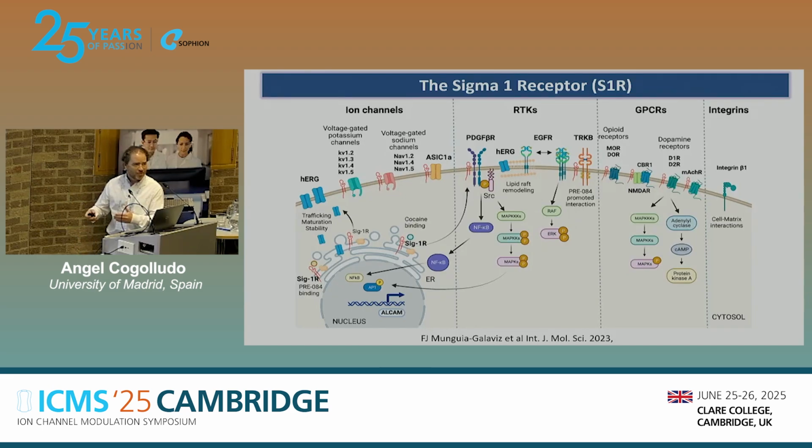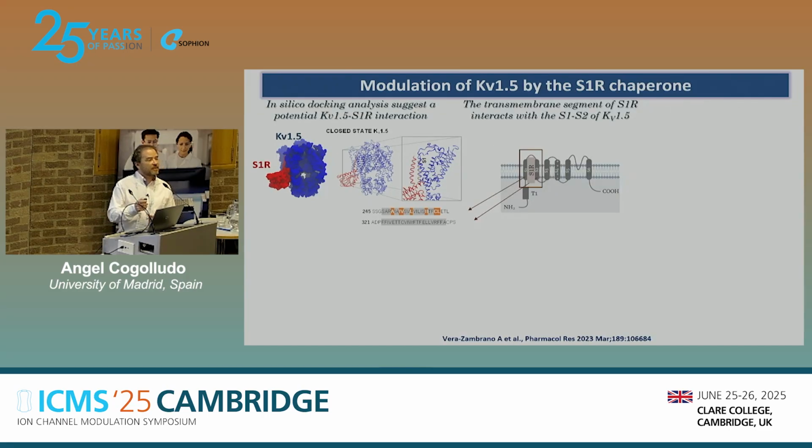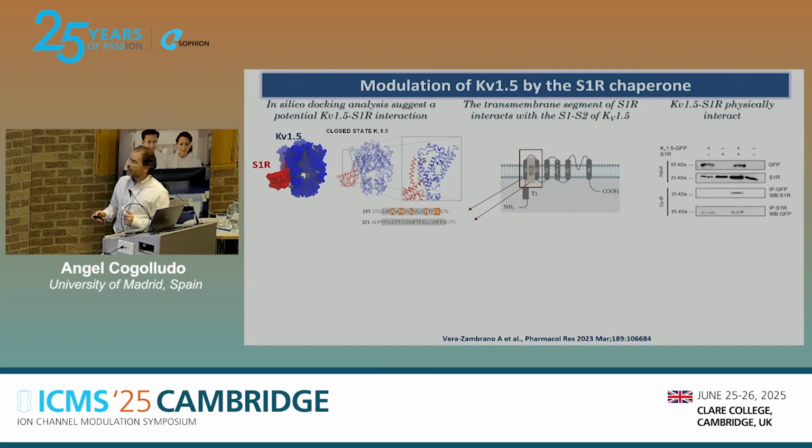I have no time to go through it, but we first did in silico analysis, which predicted a potential interaction of this chaperone with the Kv1.5 channel, and this was confirmed by immunoprecipitation assays.